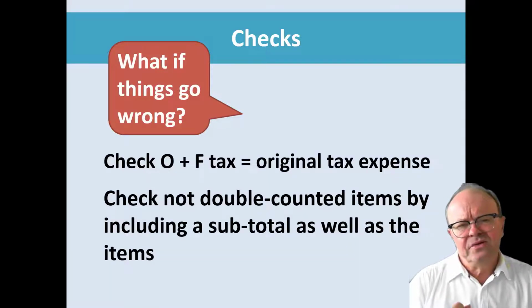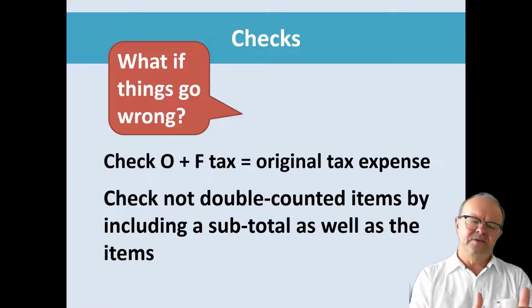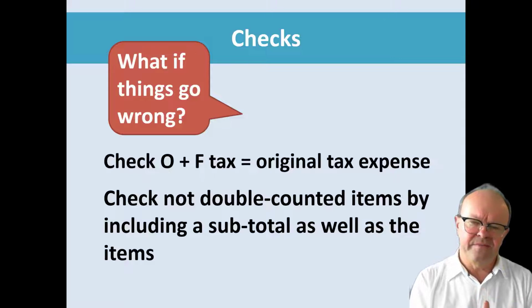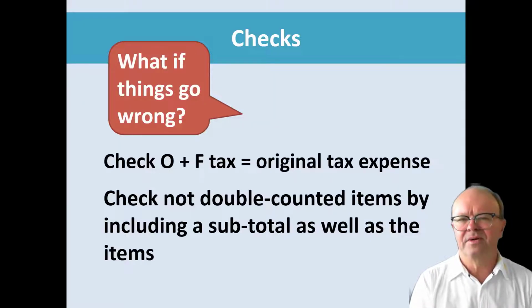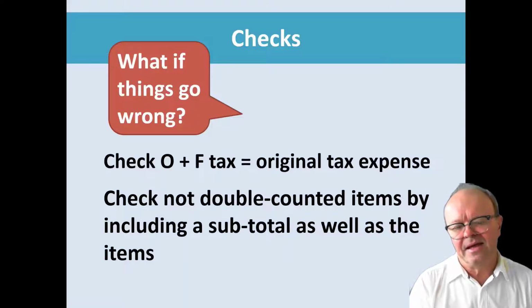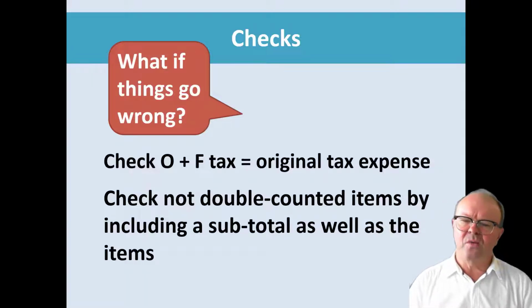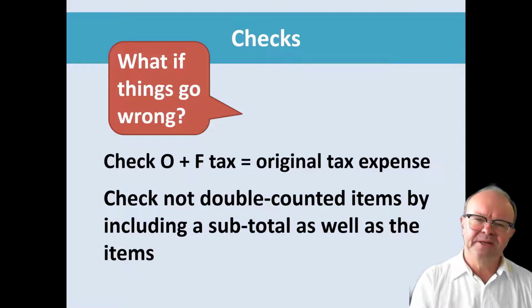Check that you haven't double counted items by including a subtotal as well as the items. Sometimes in your income statement, you've got item 1 and 2, and they add up to an item, might be gross profit or something. And then that adds to something else, or subtract this, and there are various subtotals along the way. And it's a bit of a rookie error, really.